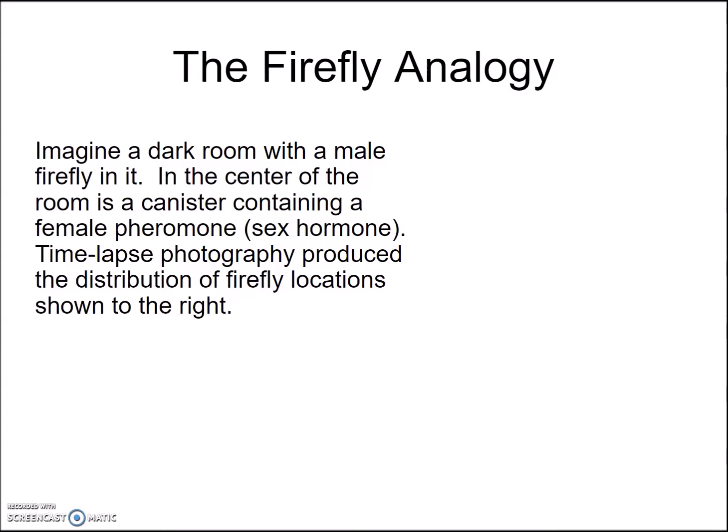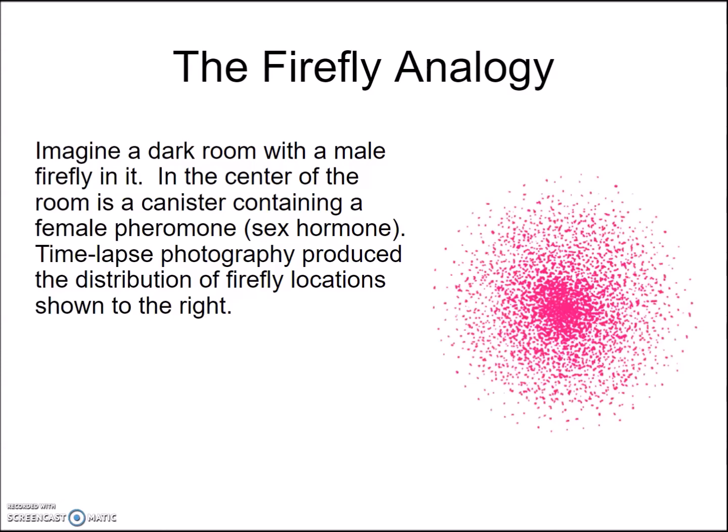Since you don't know where the firefly is, what you can do is set up a camera using time-lapse photography. So you're just opening the lens and you're going to capture all of the locations of where the firefly is when it lights up. And you might get a distribution like this.